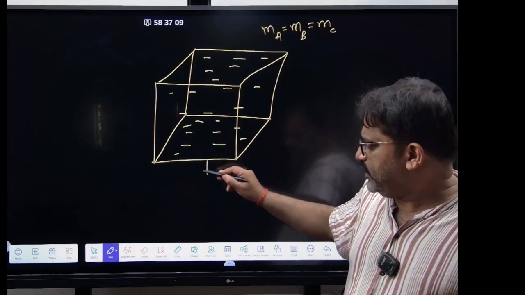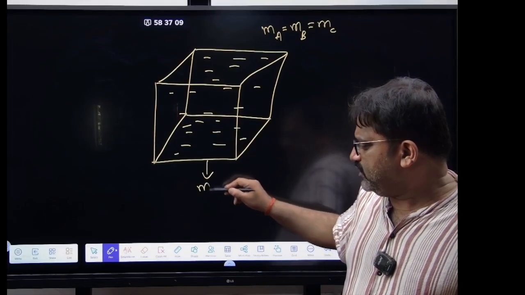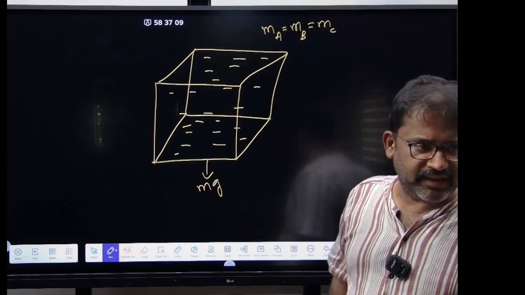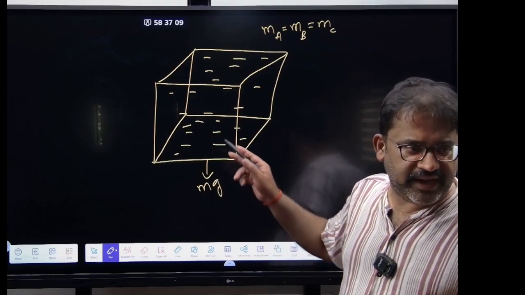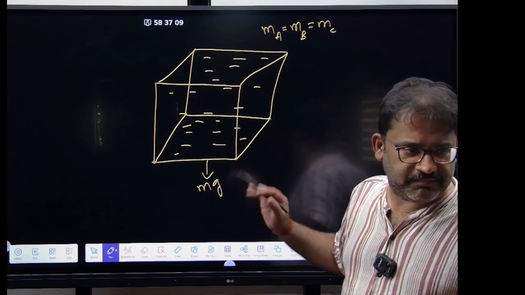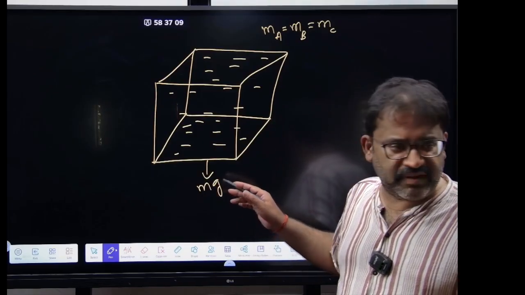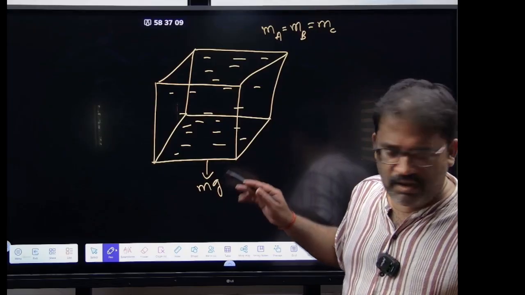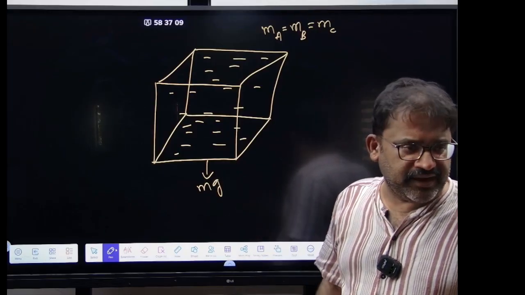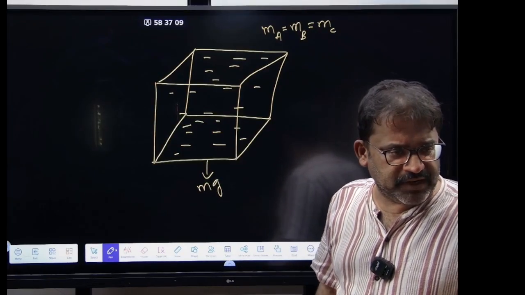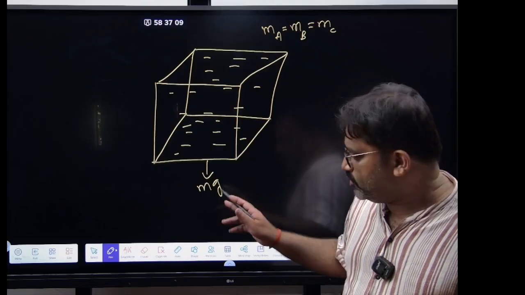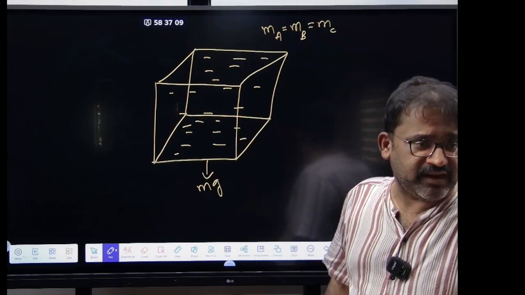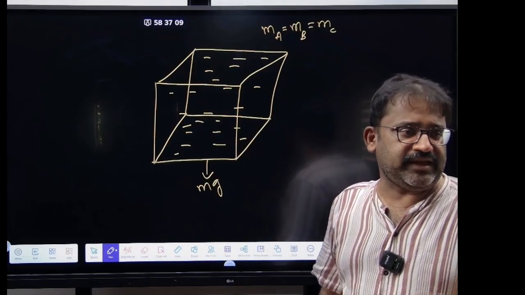It is nothing but the weight of the liquid given by mg. Correct. Now what is the force exerted by A? It is m_A g. What is the force exerted by B? It is m_B g. What is the force exerted by C? It is m_C g. All the masses are the same, which means the force exerted should also be the same.